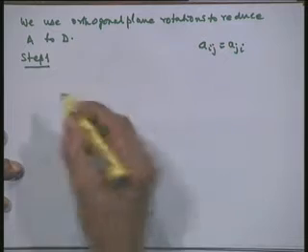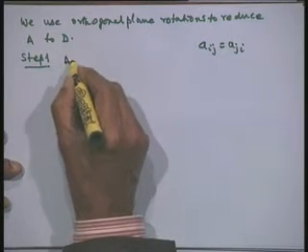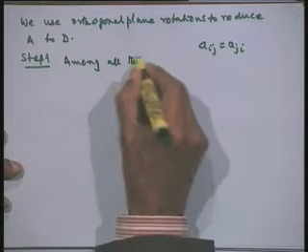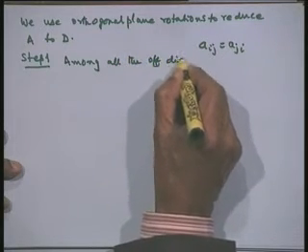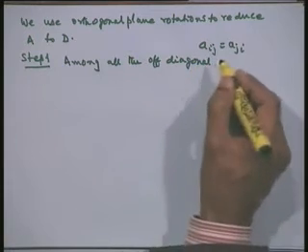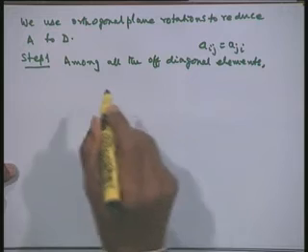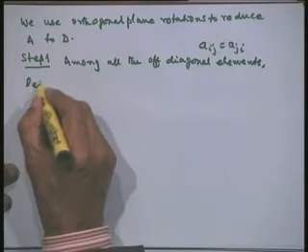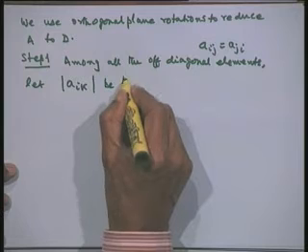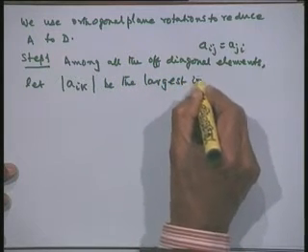So, that means look at all the off diagonal elements, and let us pick the largest in magnitude. So, let Aik be the largest in magnitude.